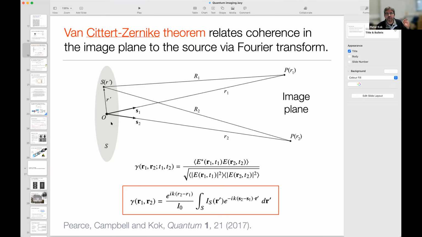There are lots of photons coming from starlight, but because there are so many optical modes, all those photons are spread over even more modes. So every single mode has very few photons in it, which is exactly the problem that the Hanbury Brown and Twiss experiment has.